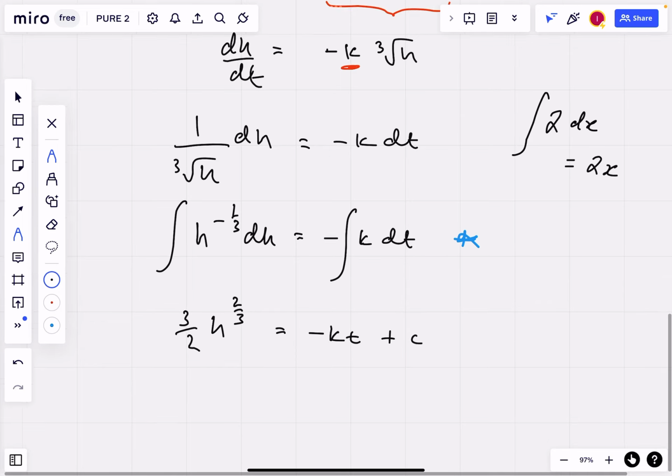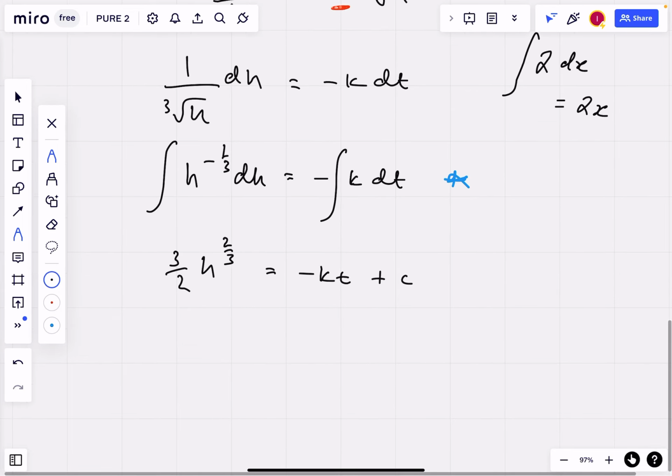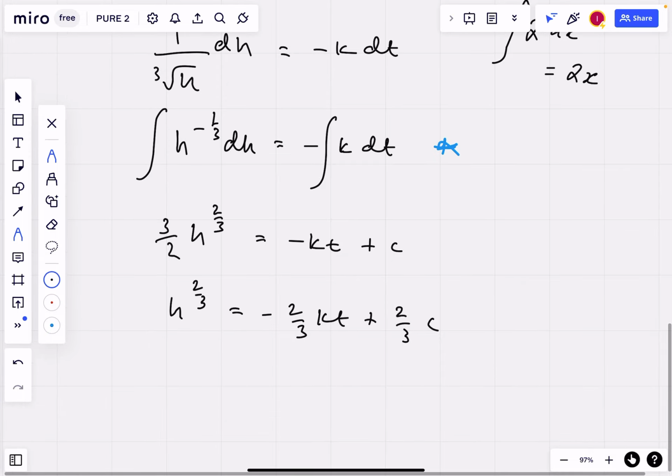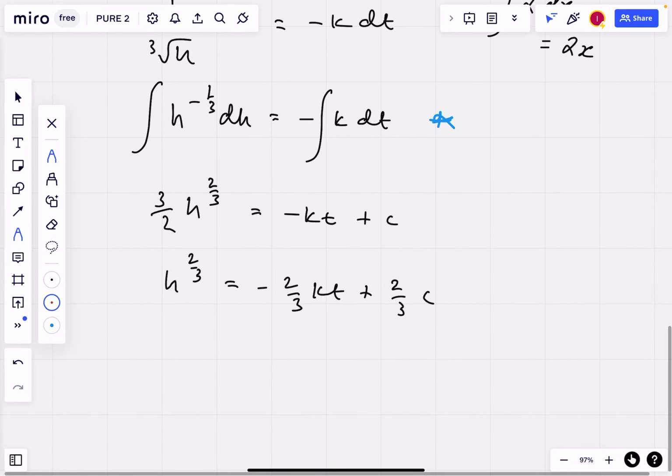Okay, so let's take the 3 over 2 to the other side. So h to the 2 over 3 is equal to minus 2 over 3 kt plus 2 over 3 c, which is the same as your minus qt plus p.